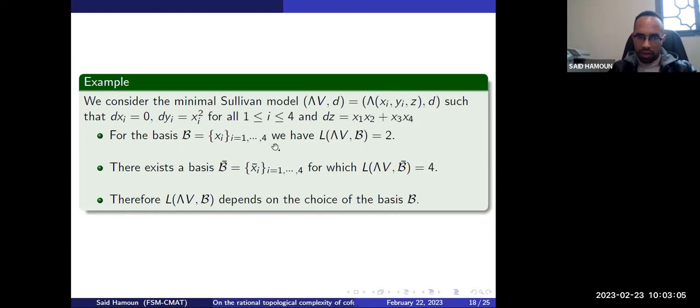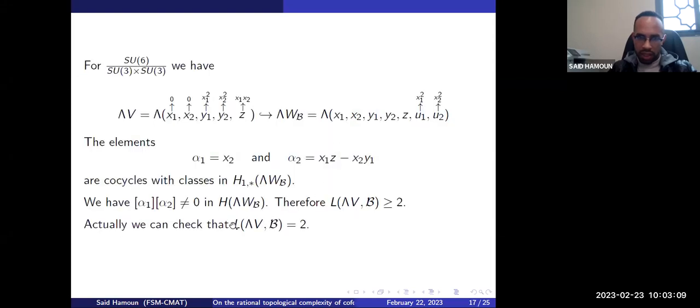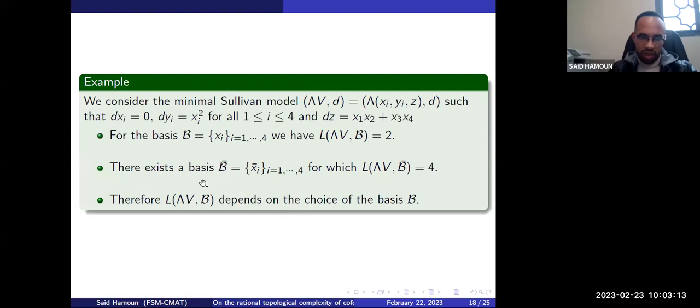For the basis B, we saw that L is 2 here. And we prove that by a change of variables, we can construct another basis B bar for which L is exactly 4.